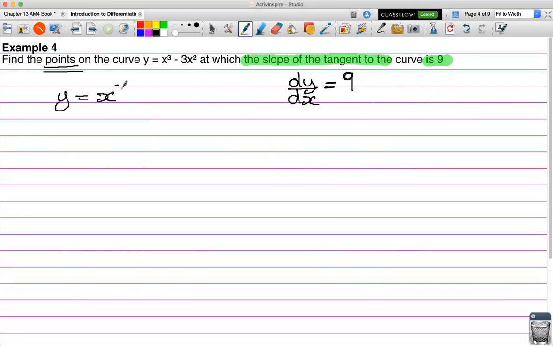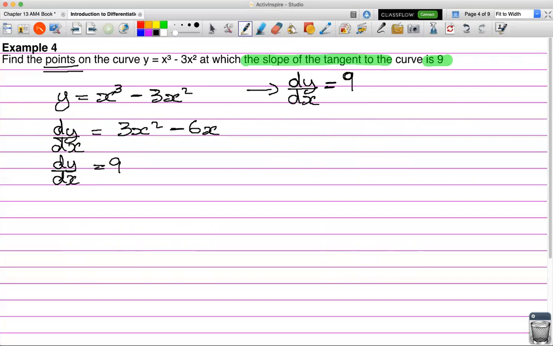We know that y is equal to x cubed minus 3x squared. We are required to do dy dx because of what's here. So dy dx is now equal to 3x squared minus 6x. What do we know about dy dx? Well, we know it's equal to 9.